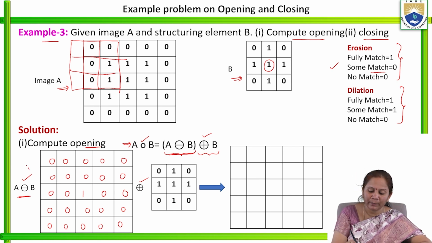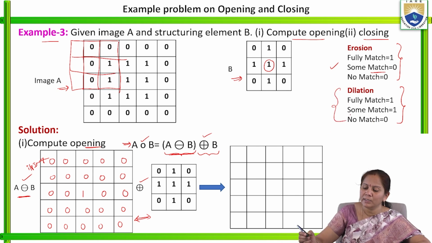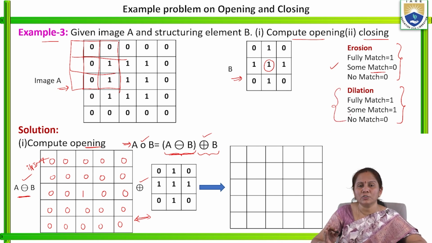Now this will be the input image. This operation should be performed between these two. Now apply the rules of this dilation. Shift the structuring element by 1 pixel value.